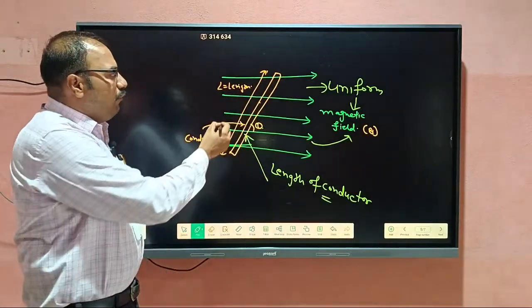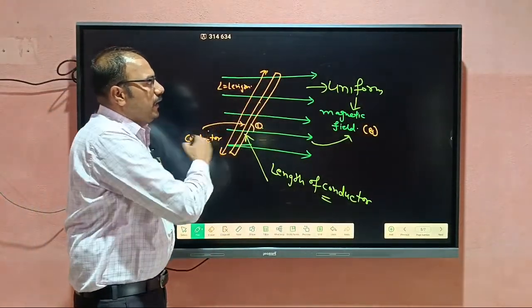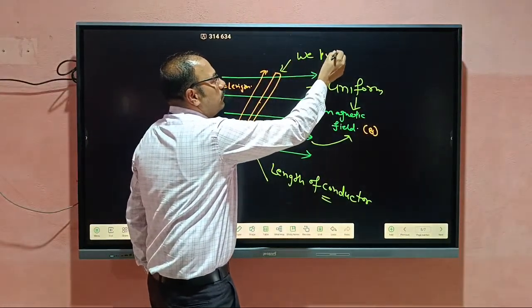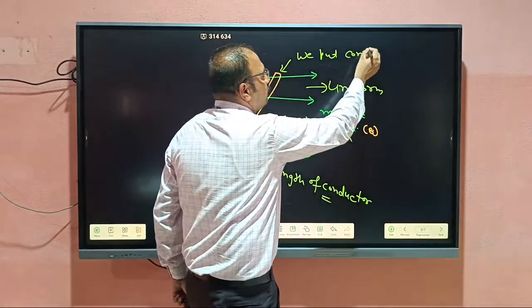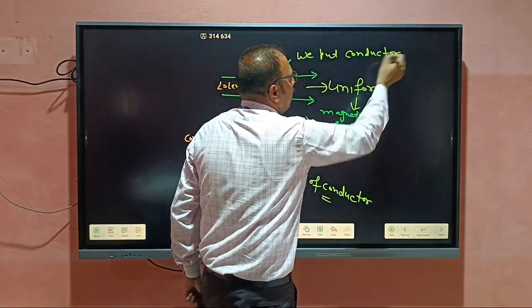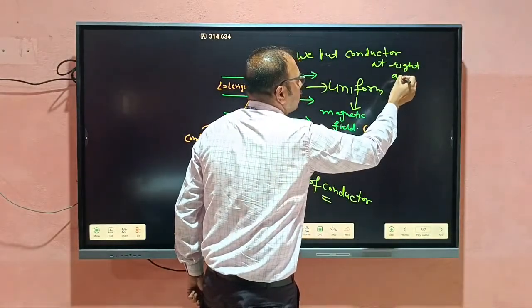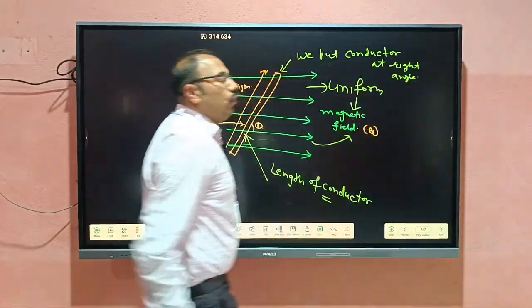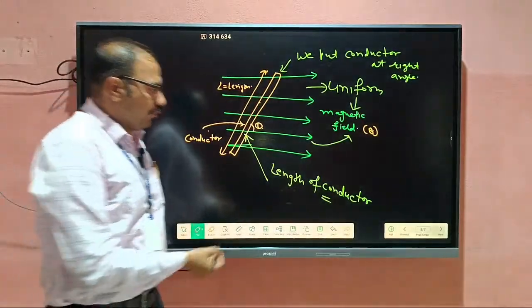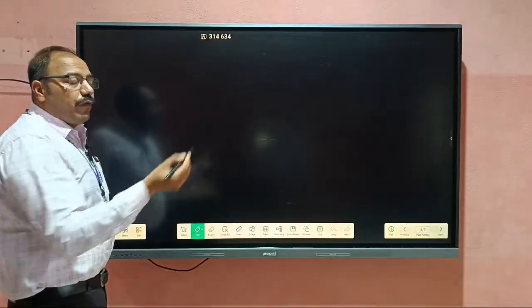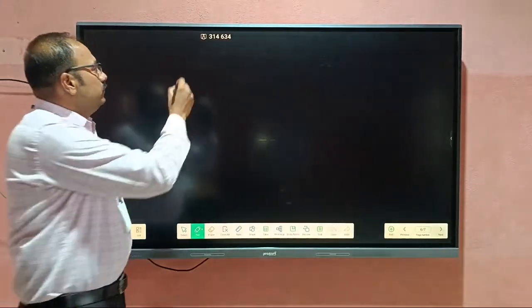For example, if we place the conductor at a 90-degree angle, at a right angle, the conductor experiences maximum force. So first of all we put the conductor at 90 degrees.